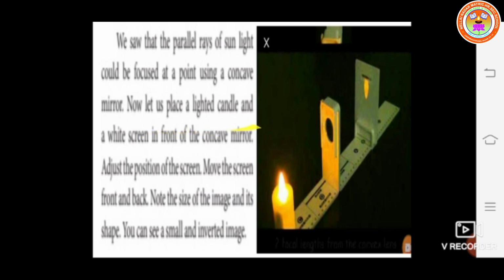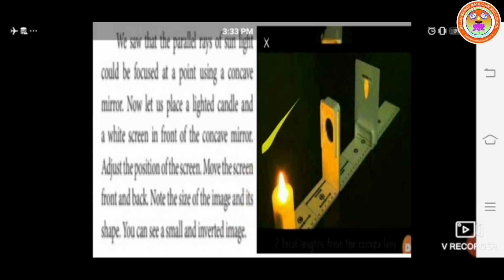Now let us place a lighted candle and a white screen in front of the concave mirror. Adjust the position of the screen. Move the screen front and back. Note the size of the image and its shape. You can see a small and inverted image.